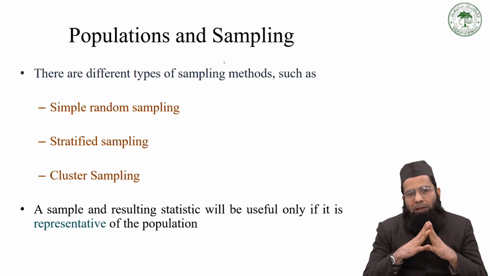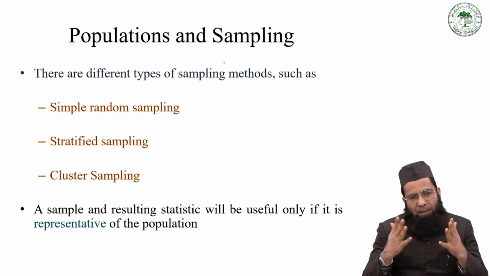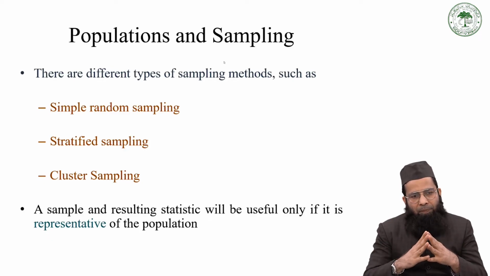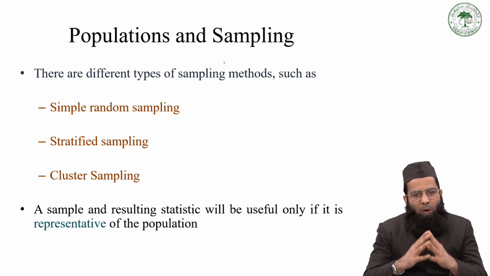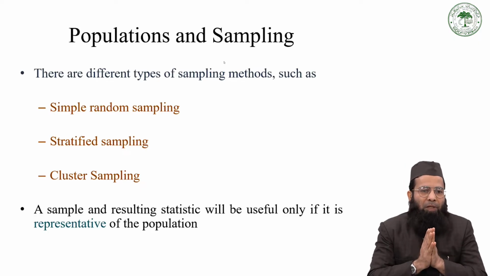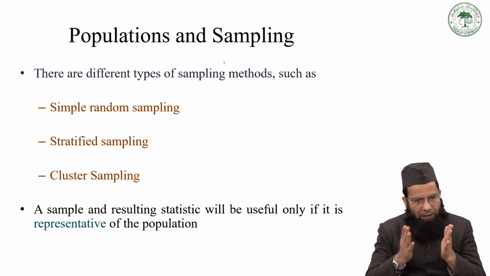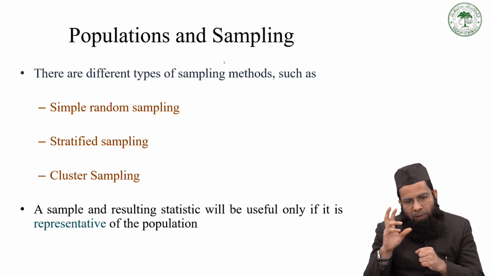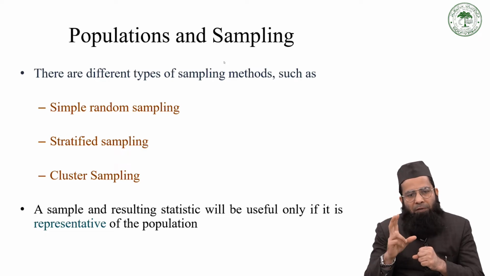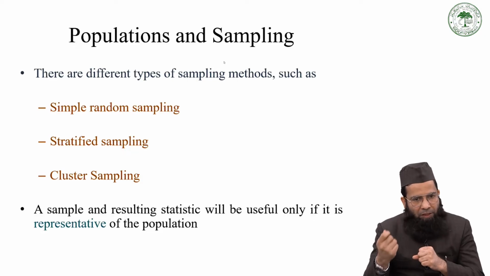So there are different types of sampling methods. One is simple random sampling, stratified sampling, and cluster sampling. A sample and resulting statistic will be useful only if it is representative of the population. So why are we having different types of sampling? The target is to select a proper sample in such a way that it is actually representative of the whole population.